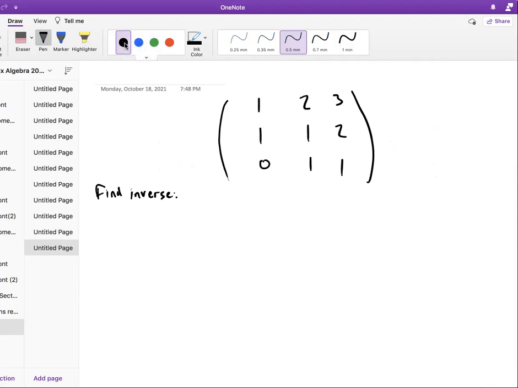Right, so you tell me, what would the first row operation be for this problem? So the idea is we want to put this into reduced row echelon form. If it's identity, then we can actually calculate the inverse. Yeah, row 2 to row 1 minus row 2.